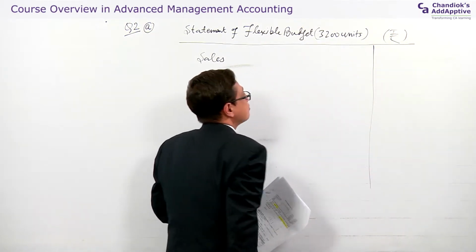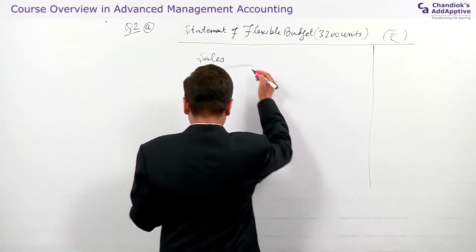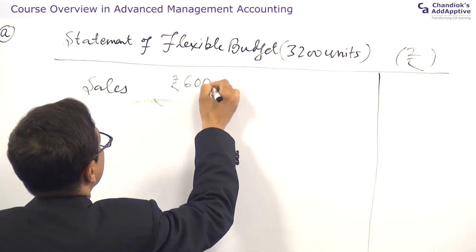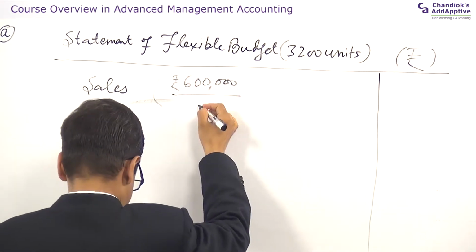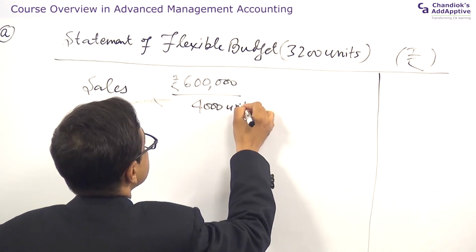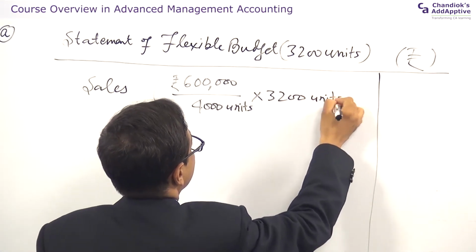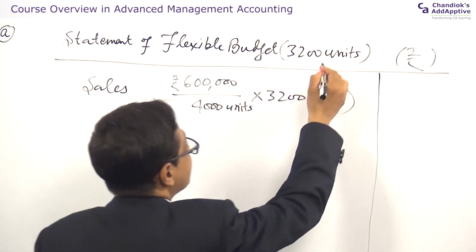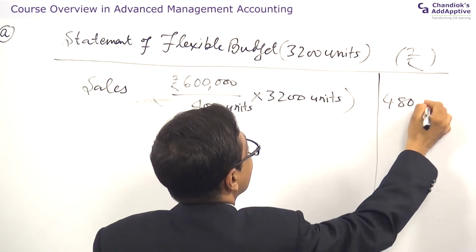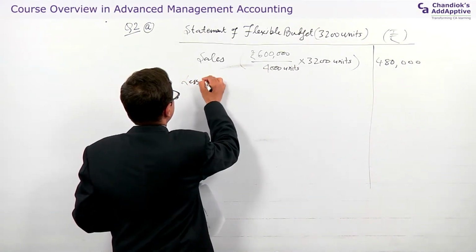Use the new symbol because now your question prints this new symbol also. Sales, you have to convert it in terms of 3,200 units because we are working for 3,200 units. So it is 4,80,000 rupees.